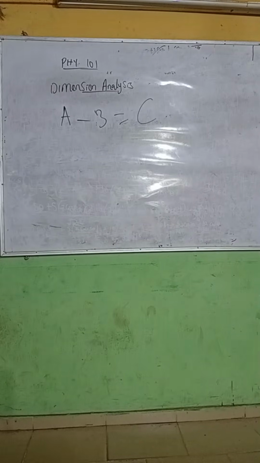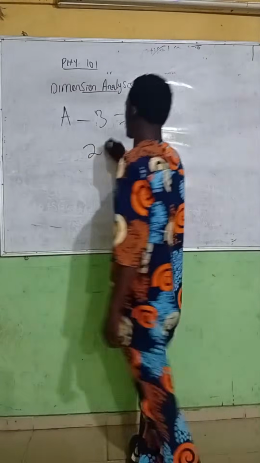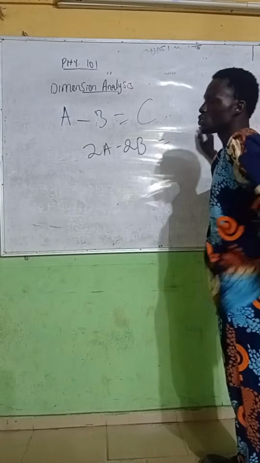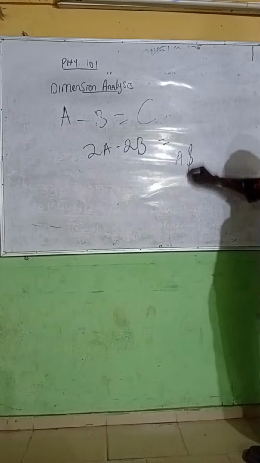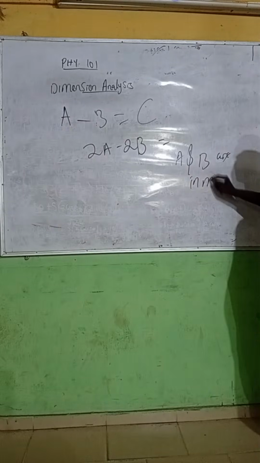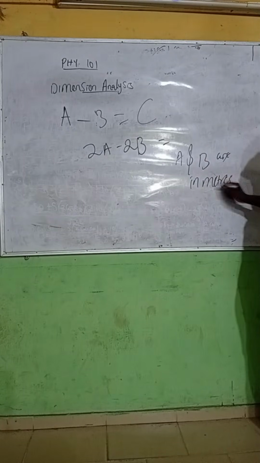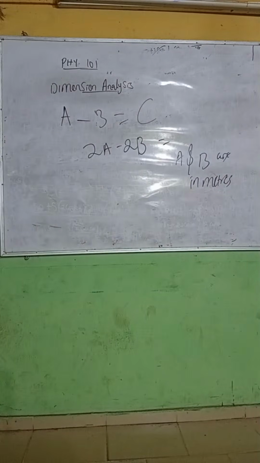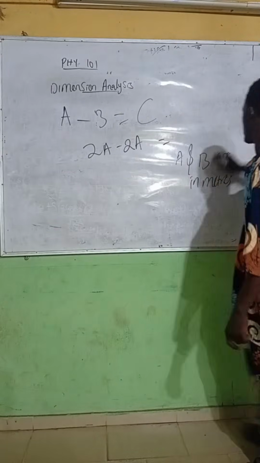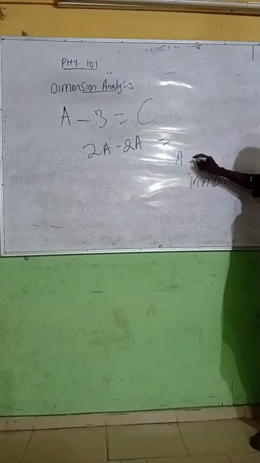Now, if I say 2a minus 2b equals to what, where a and b are in meters, find the dimension of 2a and 2b. What's the answer? Okay, let's say 2a minus 2a, where a is in meters.